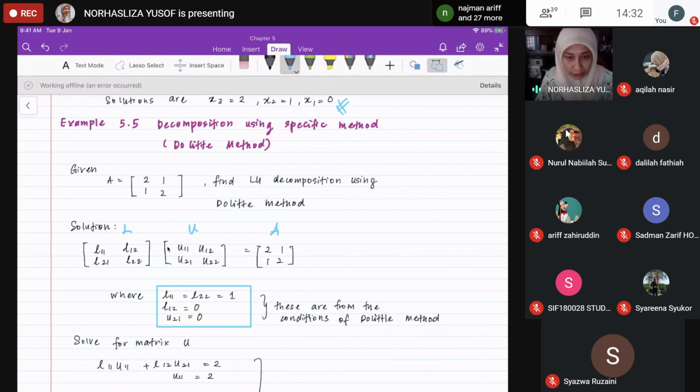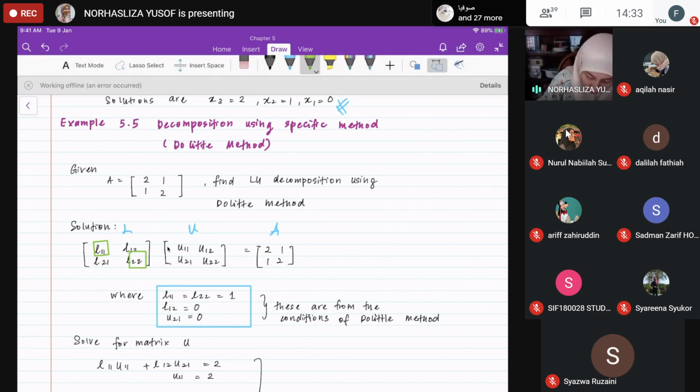Okay, so in the Doolittle method, it says that Lii is equivalent to 1. So we have to identify where is L11. So this is our L11. Okay, so L22. These are the two conditions. So that's why immediately this L11 and L22 must become 1.